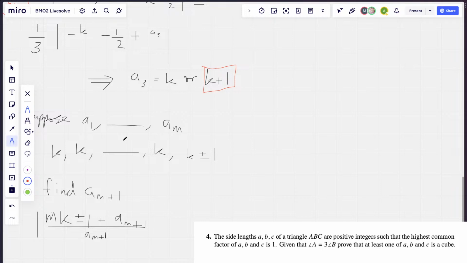Oh, right, yeah, 180 minus 2B. Wait, did you relabel B as something?